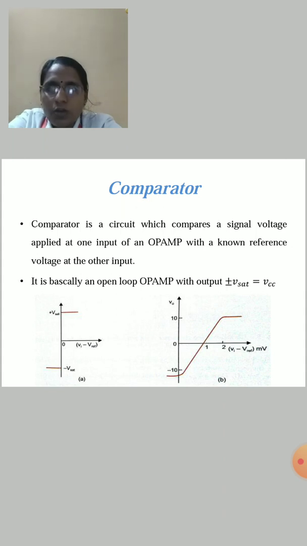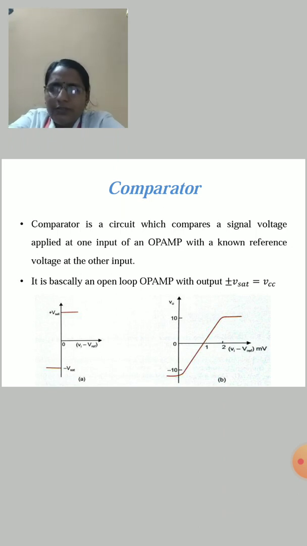It produces an output voltage which is either positive saturation or negative saturation. As the comparator output has two voltage levels, either high or low, it is not linearly proportional to the input voltage. The op-amp is used in open loop configuration for a comparator.